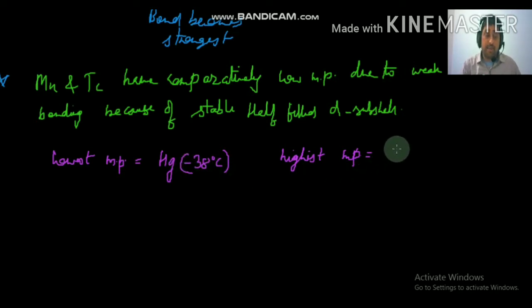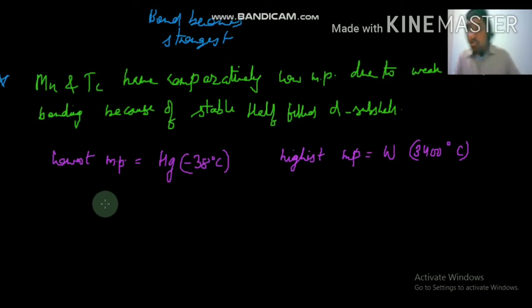And the highest melting point, I think you know, is of the substance put in the bulb in the form of filament, that is tungsten, and its melting point, not boiling point, is 3,400 degrees Celsius. So tungsten is the transition metal with the highest melting point, and mercury is the transition metal with the lowest melting point.